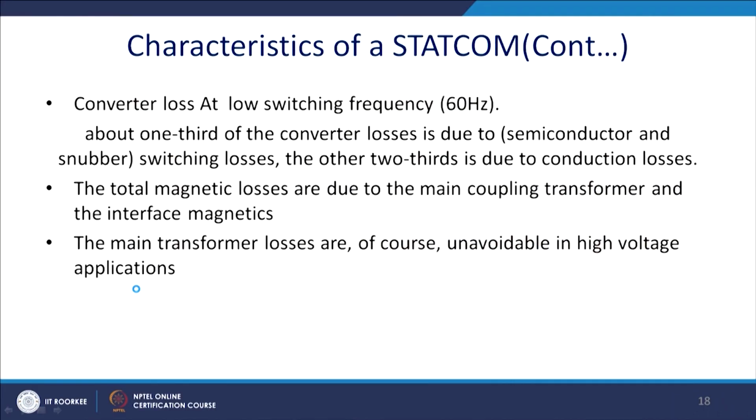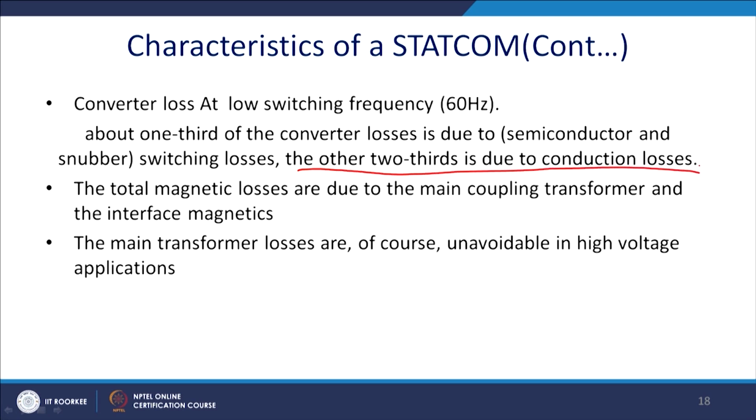Converter losses are due to the semiconductor conduction, switching losses as well as the snubber losses and dV/dt and dI/dt losses. Converter loss at low switching frequency will be less, about 1/3 of the converter loss is due to the semiconductor switching losses, the other 2/3 due to the conduction loss, please mind it.